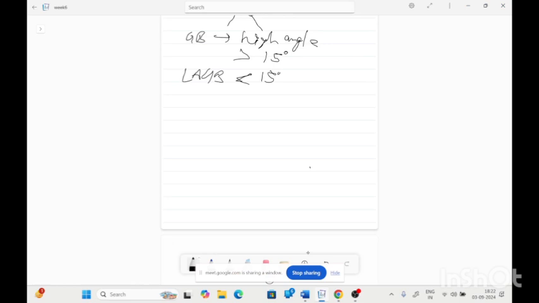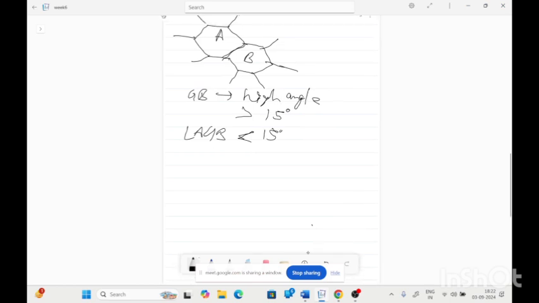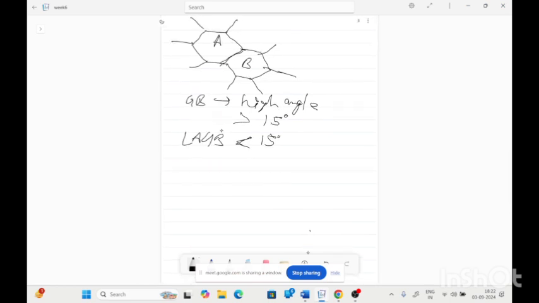Recrystallization. So due to the high angle grain boundary, means the misorientation is high, so the energy of this boundary is also high. So after some time, this boundary also will disappear, and the A and B will be a single grain.